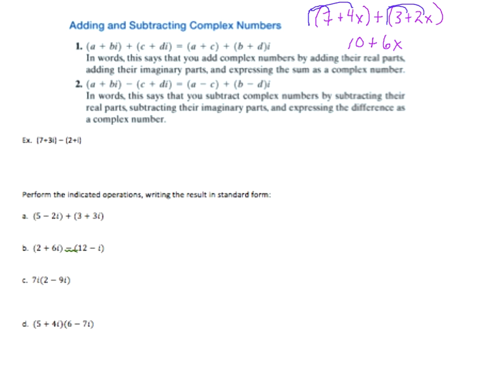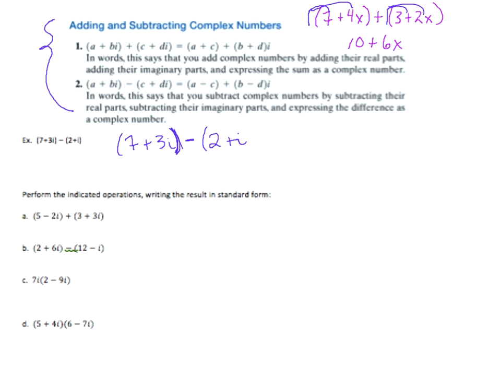So just like you combine constants with constants and variable terms with variable terms, you do the same thing when you're adding and subtracting complex numbers. So here, if I have 7 plus 3i minus 2 plus i, I'm going to rewrite that so it's easier seen.